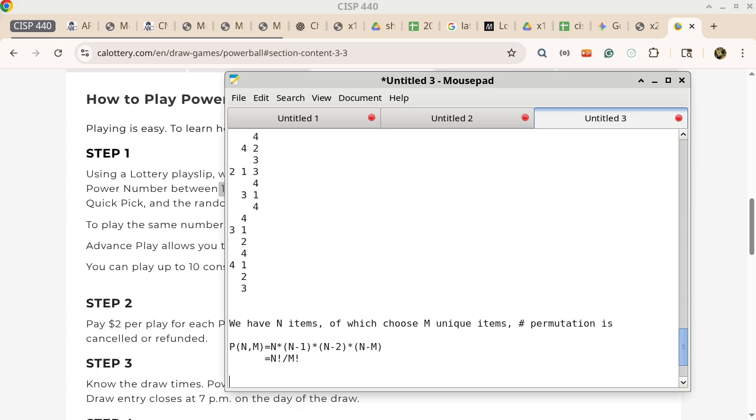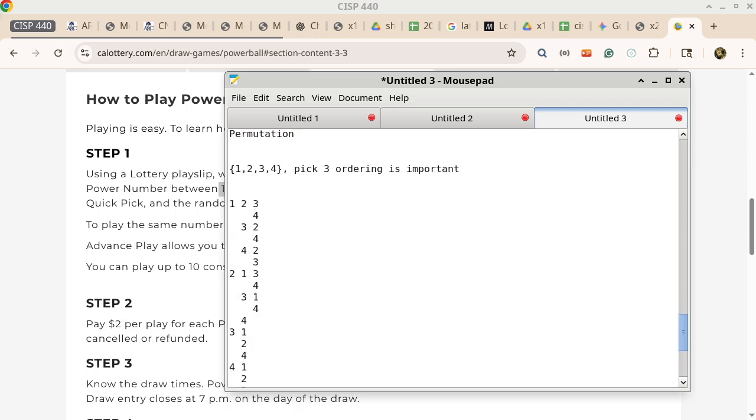Let me repeat the question. If I need to pick m items out of n, and I really just want the number of combinations and not the number of permutations, can I derive the number of combinations out of the number of permutations?